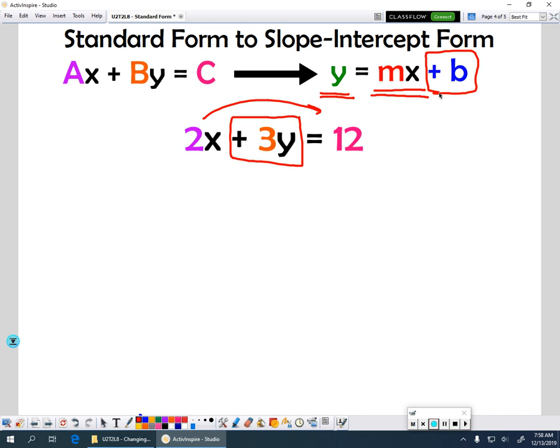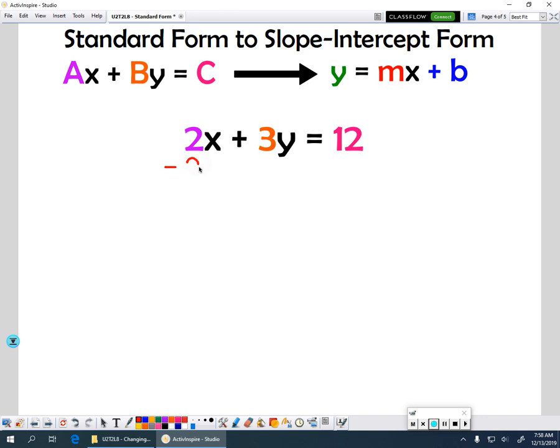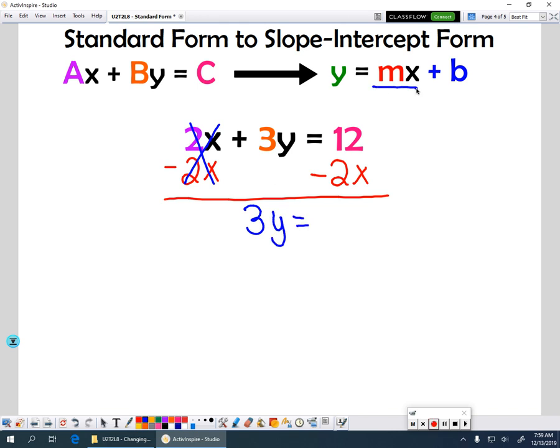So y needs to be by itself, so I'm going to start off by moving this x, using my opposite operation. So these two x's will cancel out, and I have 3y. Remember, I want my x value to come before my constant, so I'm going to do negative 2x plus 12.